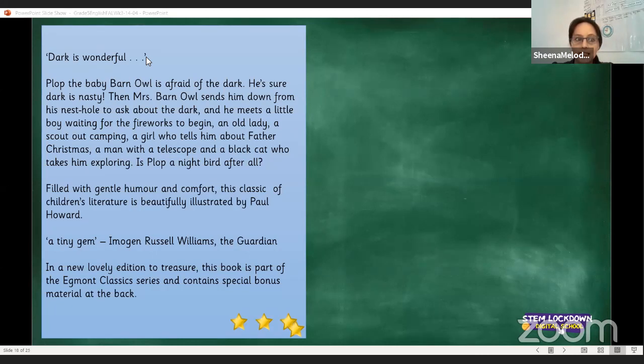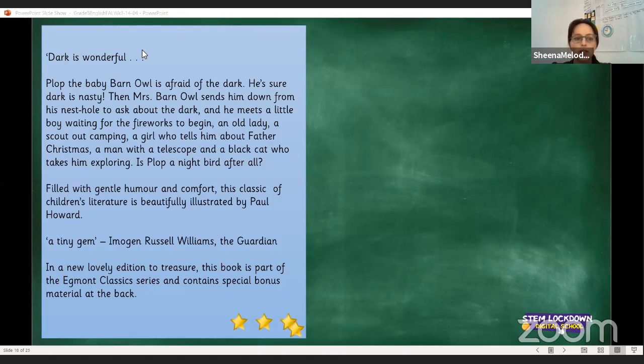And he meets a little boy waiting for the fireworks to begin. An old lady, a scout out camping. A girl who tells him about Father Christmas. A man with a telescope and a black cat who takes him exploring. Is Plop a night bird after all?